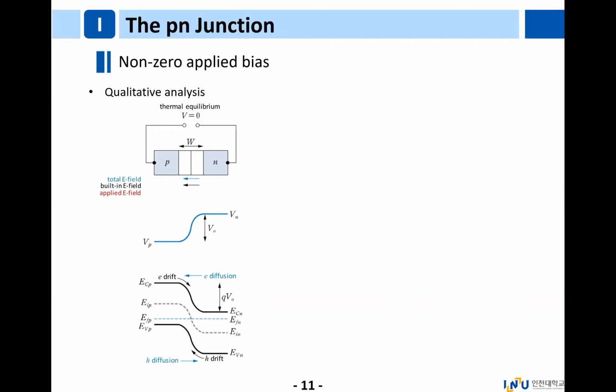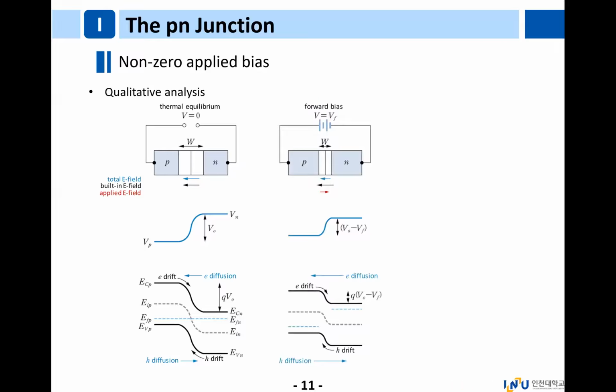And finally, let's consider what happens, just qualitatively, when a voltage is applied to this PN junction. We will apply a positive voltage to the p-type region relative to the n-type region, which is known as forward bias.